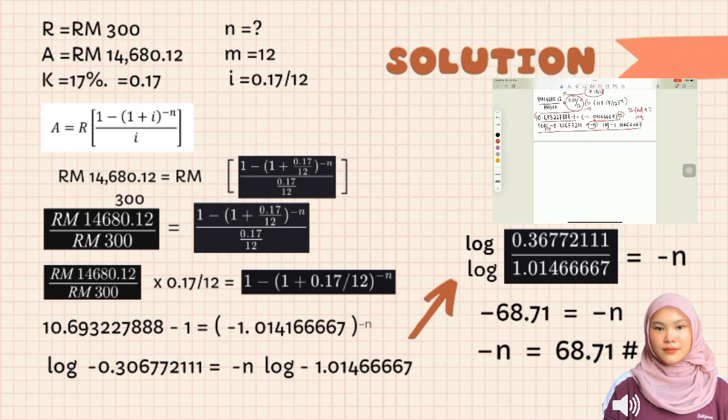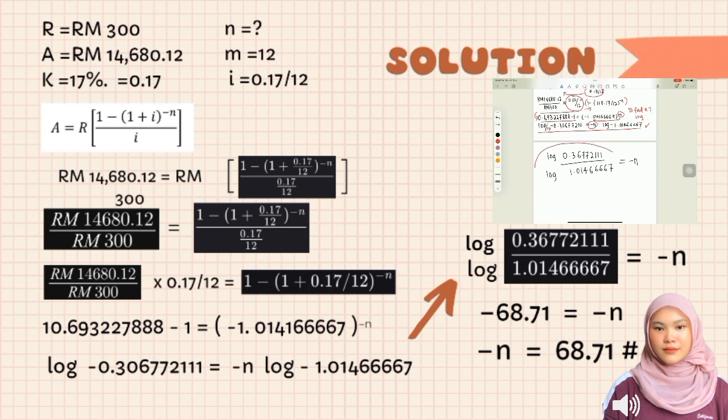After we get like this, we're gonna put log 1.1046667 equal negative n.